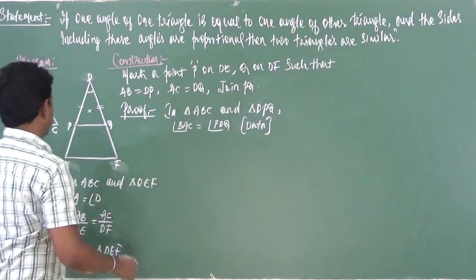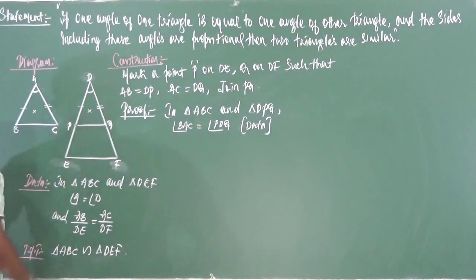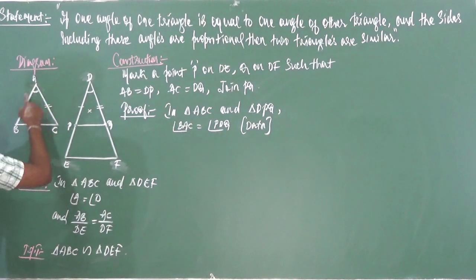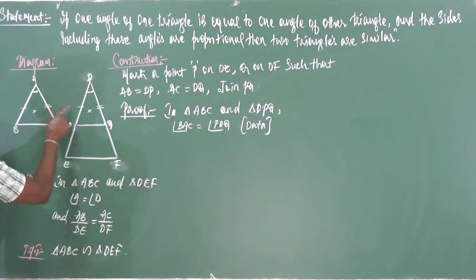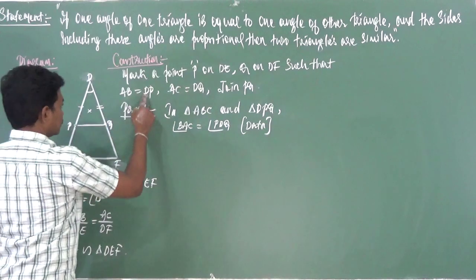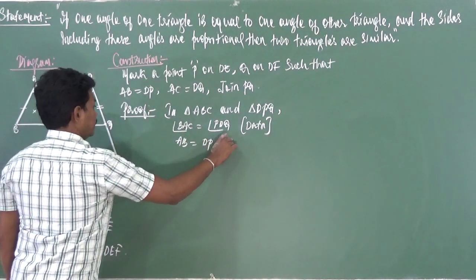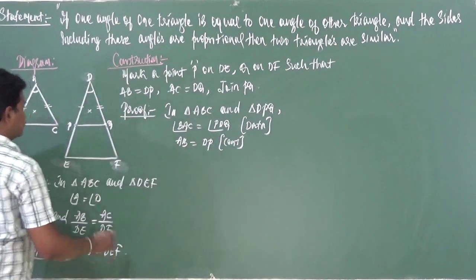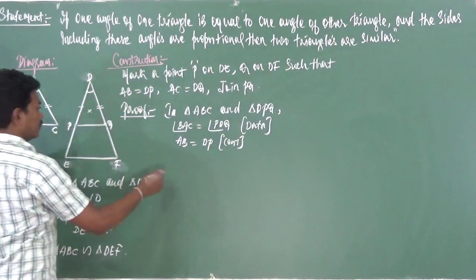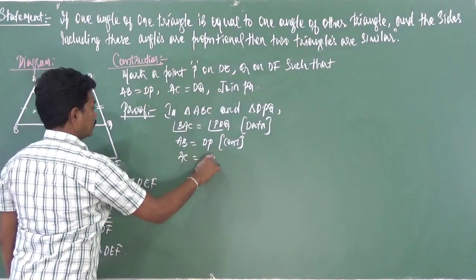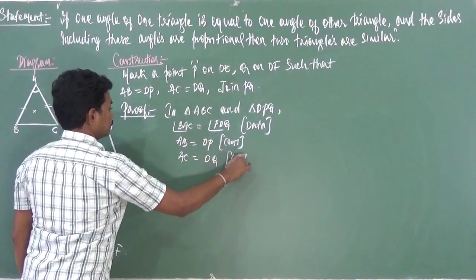Right. And then, clearly I have designed the triangles such that AB is equal to DP. We can see the same design which is done in construction. So AB is equal to DP according to the construction. Again AC is equal to DQ, again according to the construction.